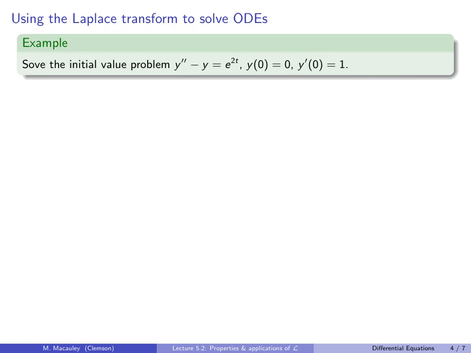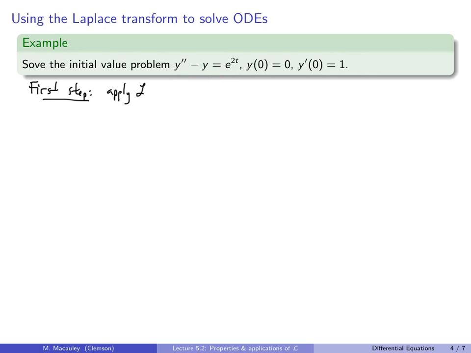Okay, so the first thing to do every single time, let me write this down. First step is apply the Laplace transform. Always the first step. So apply the Laplace transform to this equation. So here's what we do.